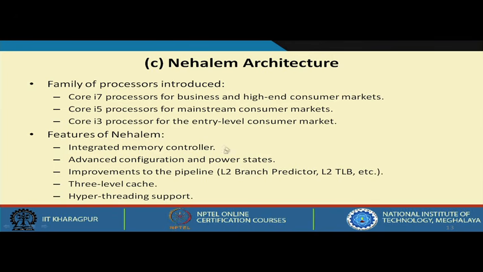So, depending on that you can conserve battery or you can run your application faster, whatever you want. And there were several improvements made to the pipeline using branch predictors, sophisticated translation lookup buffers, etc. And here the third level of cache L3 was also introduced, and of course, hyper-threading support was there.